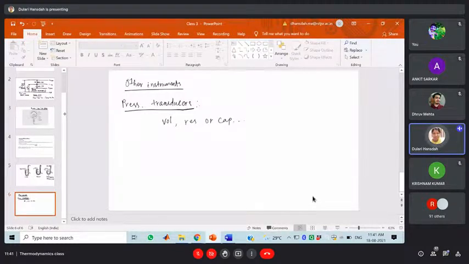Okay, so here I am not fully writing. It is change of voltage, change of resistance, and change of capacitance that will give you the pressure measurement. So the change of all these parameters will give you the pressure of any system.